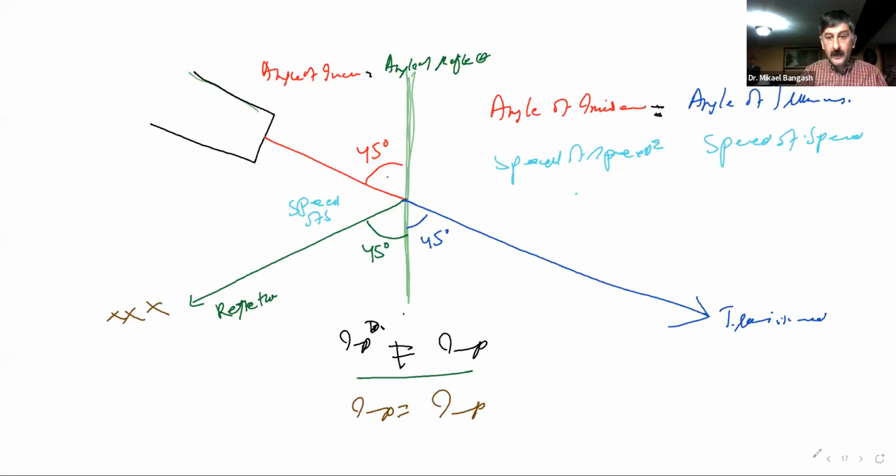So if we just look here, guys, in this case, where our angle of incidence was equal to the angle of transmission, we could say that there was no refraction.